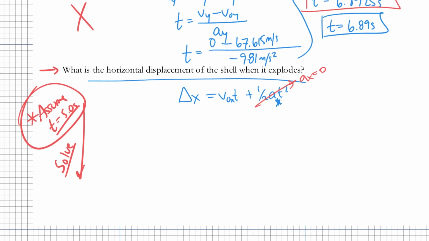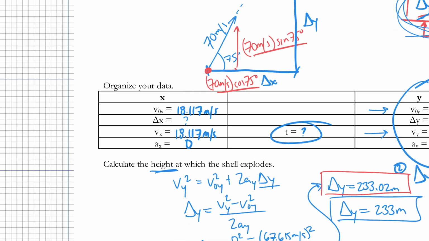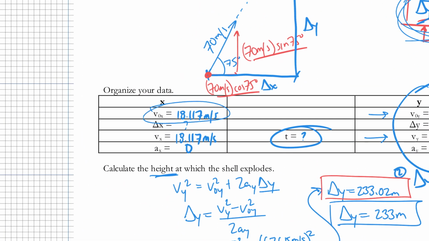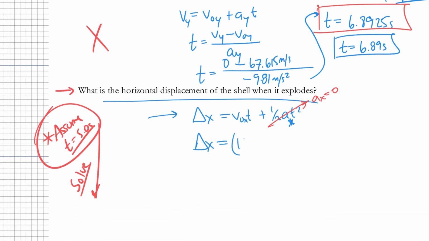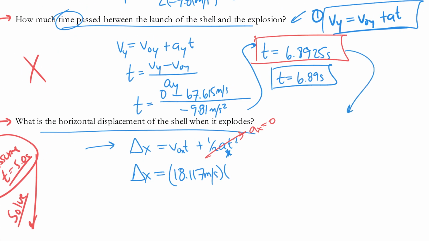All right, so what is the horizontal displacement? As always, if you have time, horizontal displacements are just calculated straight from the displacement equation. So delta x equals V naught x, which is 18.117 meters per second, times that time, 6.8925 seconds.